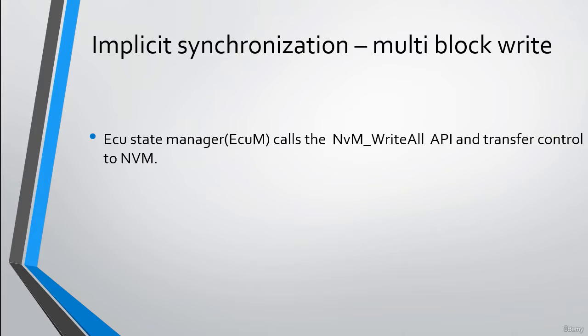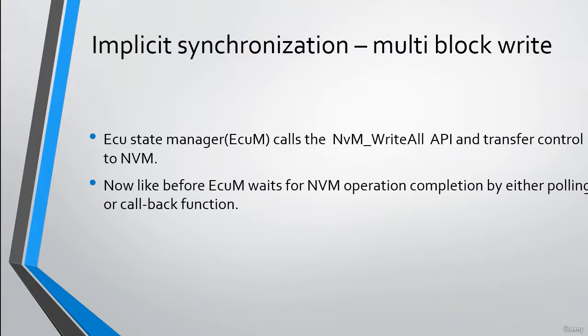The ECU state manager, that is ECUM, calls the NVM write all API and transfers control to NVM. So that's the first thing the ECU state manager will do, for example in a shutdown case.